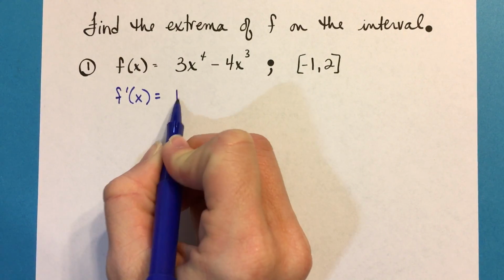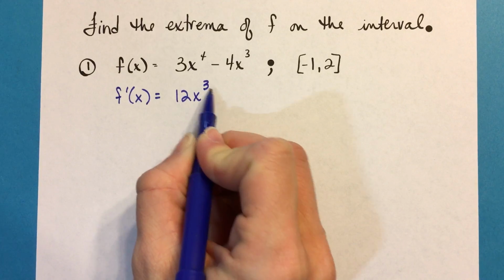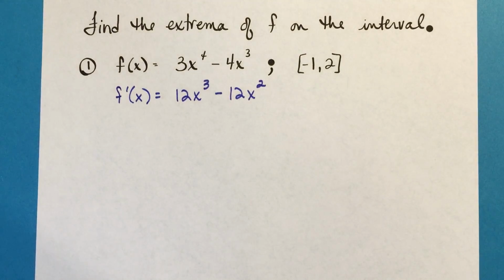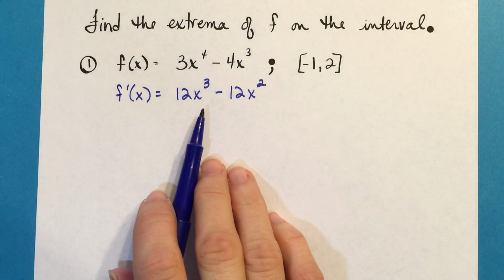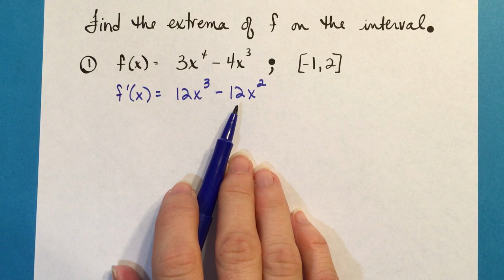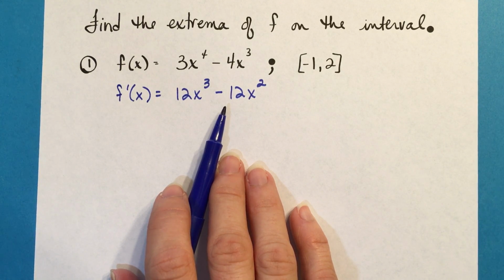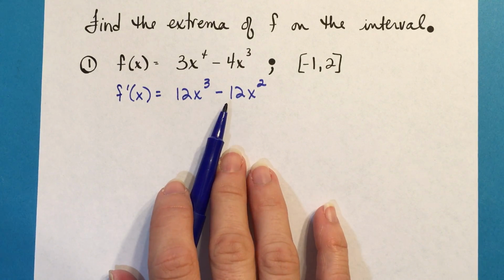So just using your power rule for each of these terms. Okay. Now, critical numbers, again, where is your derivative equal to 0 or where does it not exist? My derivative is just a polynomial function, so polynomials are never going to be undefined or have places that do not exist. All you have to find on a polynomial is where it is equal to 0.